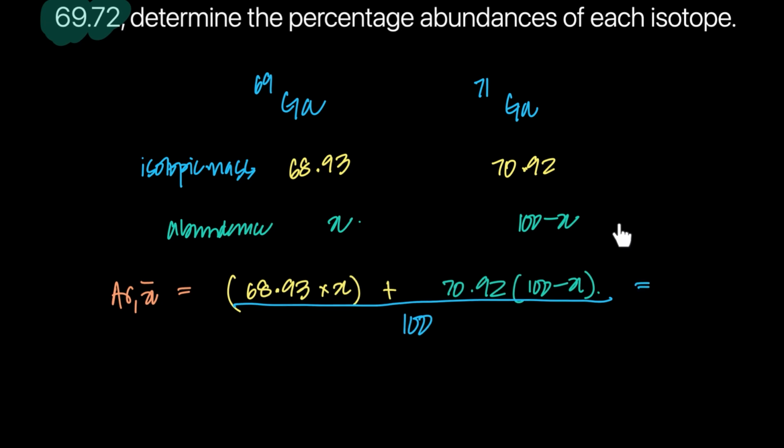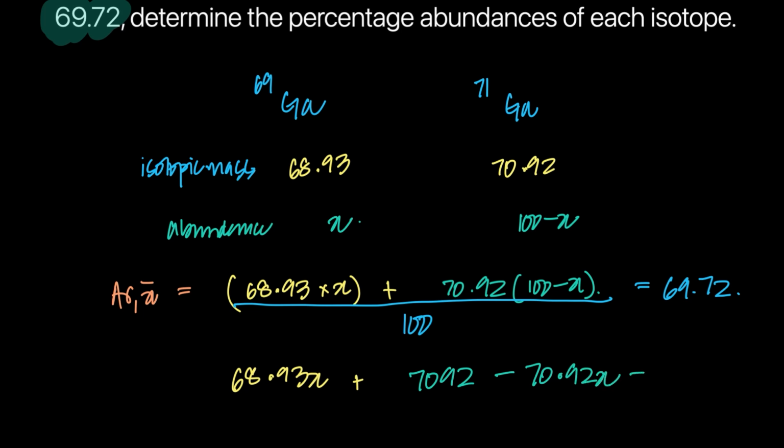Total abundance is 100%. That equals 69.72. Then you solve for x by multiplying, so 68.93x plus 70.92 times 100, which gives you 7092, minus 70.92x is equal to 100 times 69.72, which is 6972.